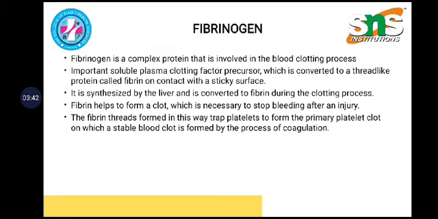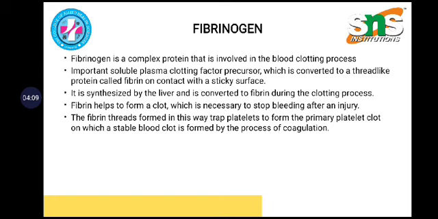Coming to fibrinogen, it is a complex protein involved in the blood clotting process. It is an important soluble plasma clotting factor precursor which is converted to a thread-like substance called fibrin. It appears as a sticky surface, is synthesized by the liver, and is converted to fibrin during the clotting process.